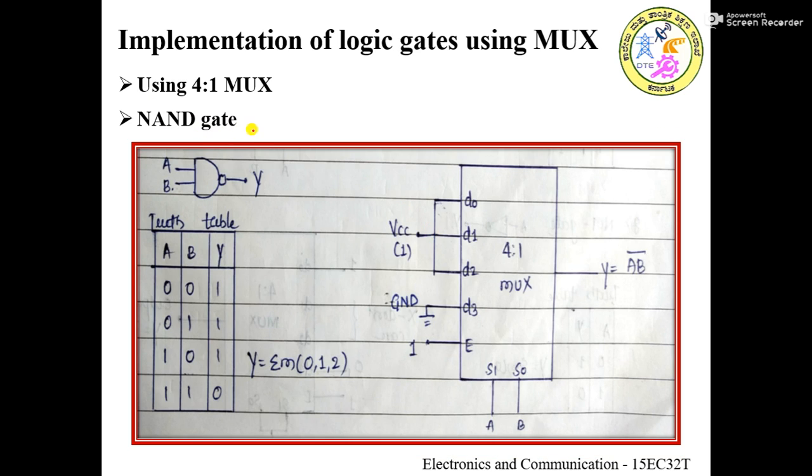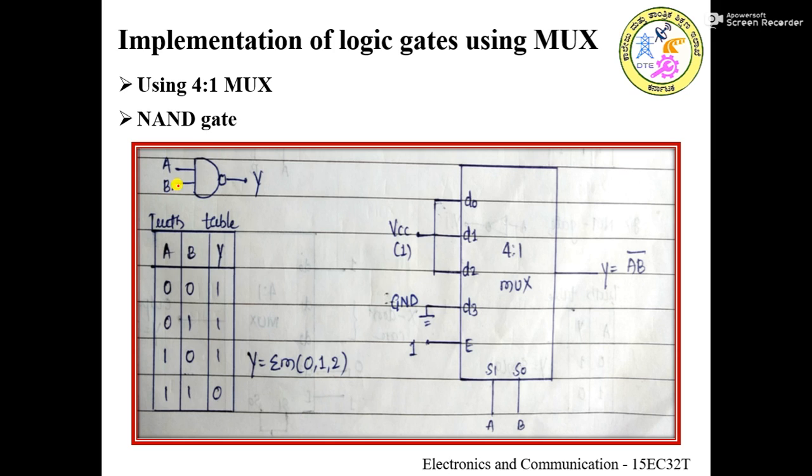Similarly for the NAND gate, as we know from the truth table, this is the inverse of the AND gate, meaning for the 1 1 combination it is 0, for other combinations it is 1. And if you represent it in min term representation, for the decimal combinations 0, 1 and 2, the output is 1.